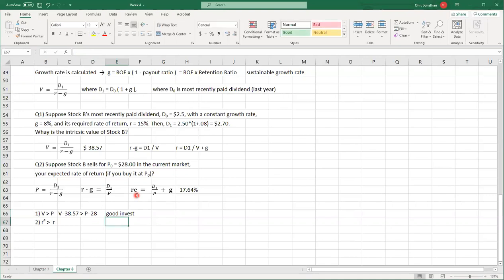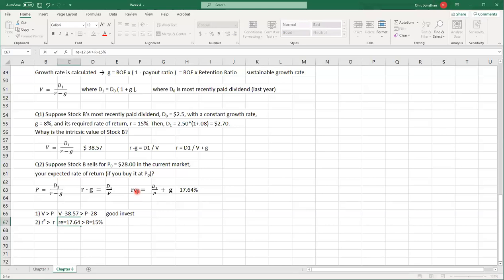Okay, that's one way. And the second way is RE is equal to 17.64%. And when we compare this to the required rate of return of 15%, look at this.